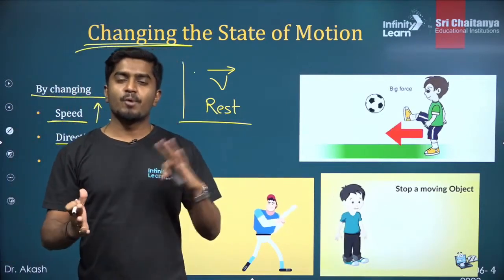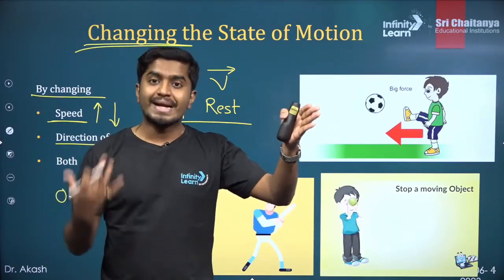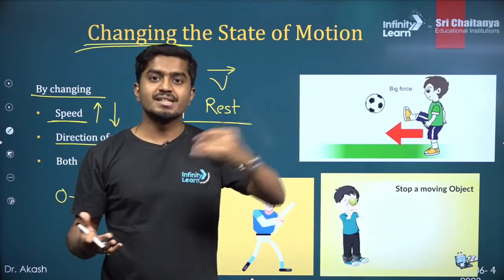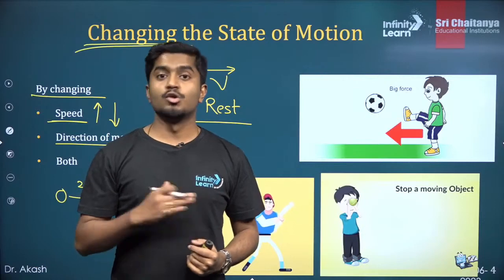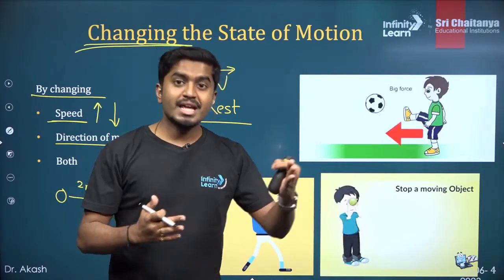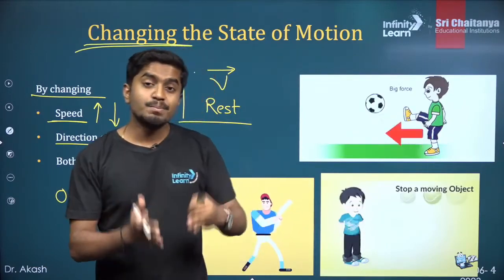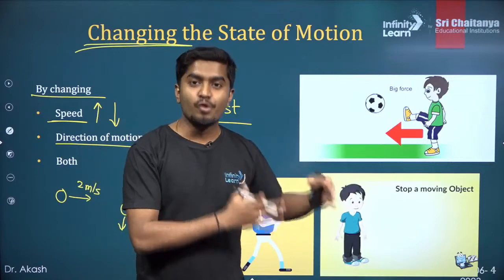Is it possible? Do you think that if the object is going in a straight line, it will automatically change the direction by itself? No, it is never going to happen. Why? Because if you want to change the direction of the object, there must be some external force.